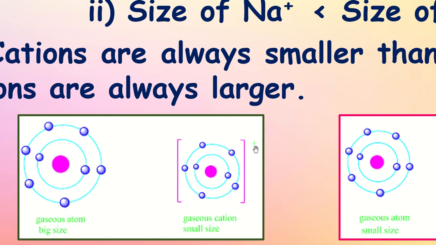When it lost one electron, it formed a positive ion. By the loss of an electron, what is happening? Nuclear charge remained the same, but the number of electrons in the outermost shell decreased. So the nuclear force of attraction on these electrons increases, and hence they come a little closer to the nucleus. That's why size decreases. So it is now called a cation. So cation size is always smaller than the neutral atom.